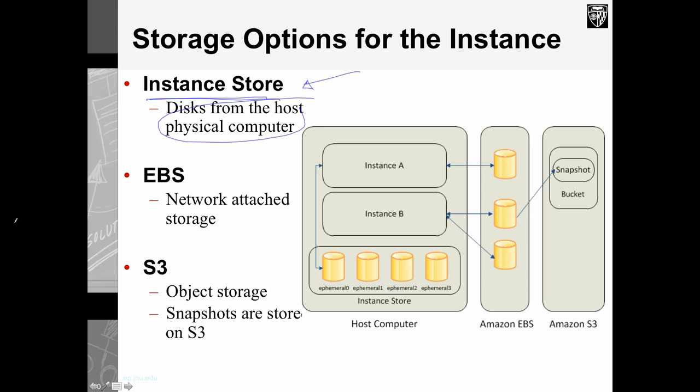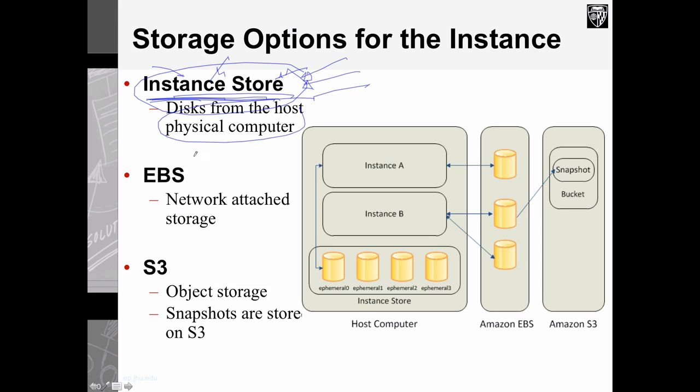Your application data, your user data, anything that's important, anything that cannot be recreated, we don't want to use the instance store. For most applications, we want to be very, very careful when using instance store. If we stop that instance like we saw in the previous slide, and restart it, anything that you store on that instance goes away.